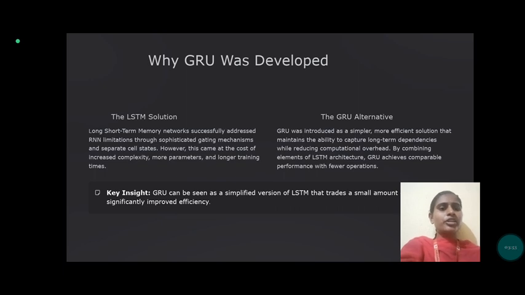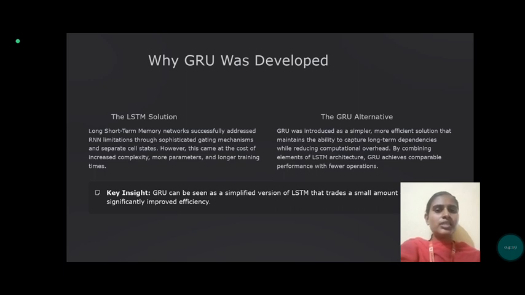GRU was introduced as a simpler and more efficient solution that maintains the ability to capture long-term dependencies while reducing the computational overhead by combining elements of the LSTM architecture. GRU achieves comparable performance with fewer operations.